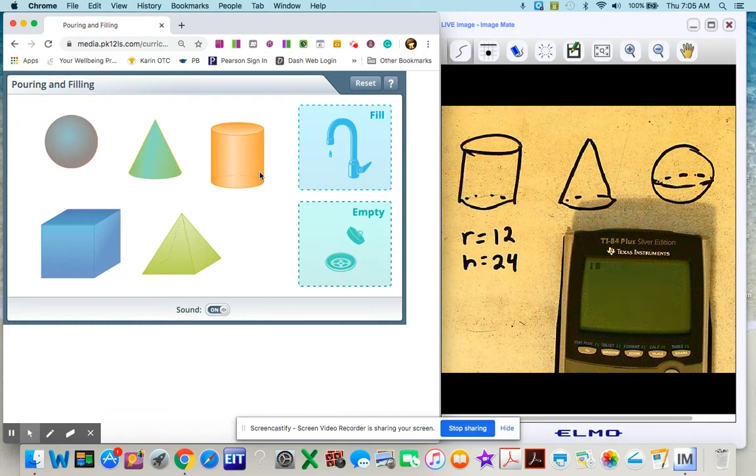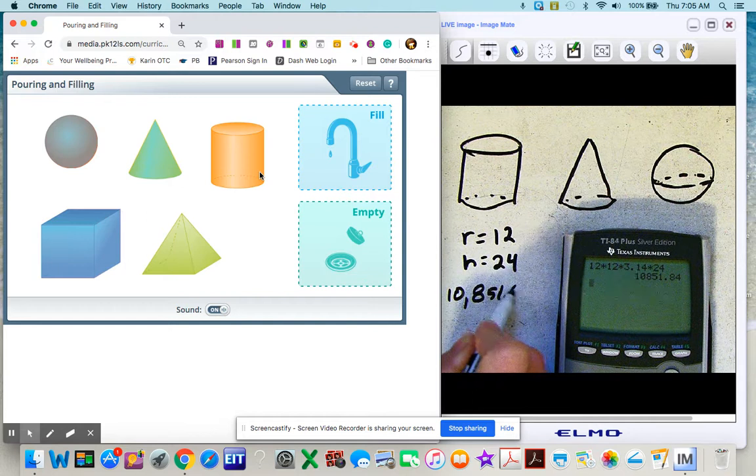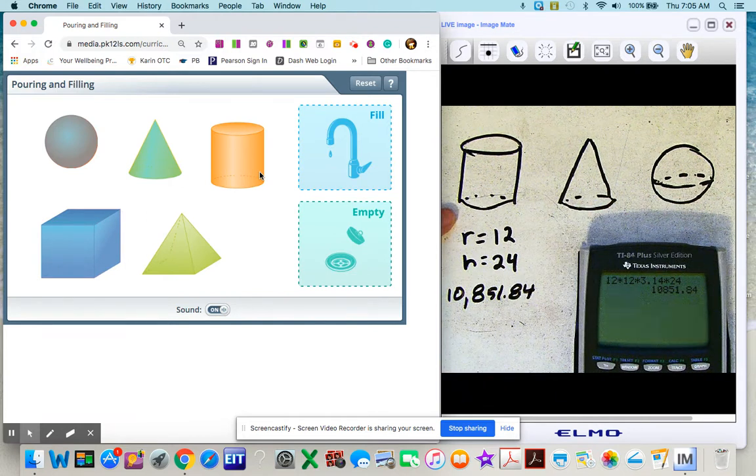So 12 times 12 times pi times the height. I'm going to end up getting 10,851.84. If I know this is the volume of the cylinder, how am I going to find the cone?